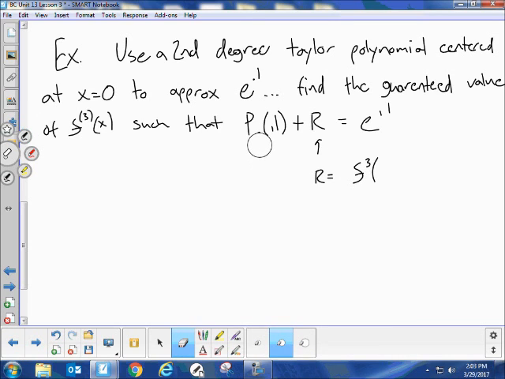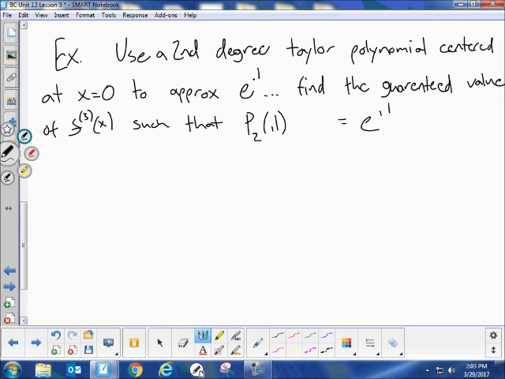Well, how about we change this to p of 2 plus r, okay? Because if this is the second degree polynomial, r will be that third term with a special derivative. Let me just show you exactly what I'm talking about.